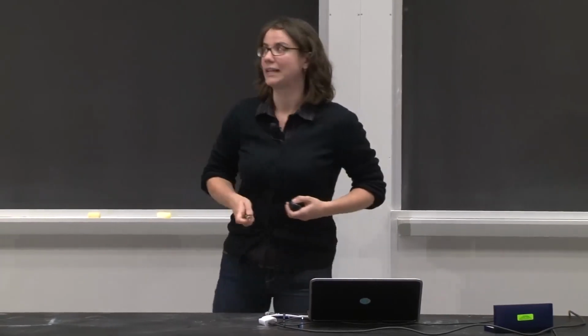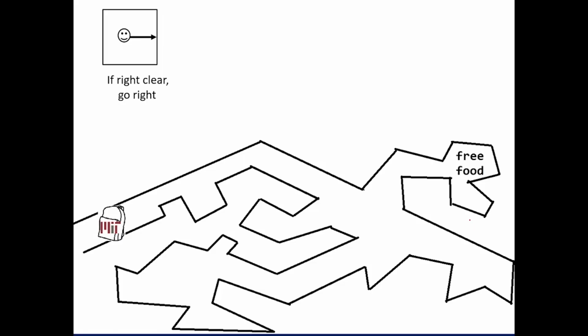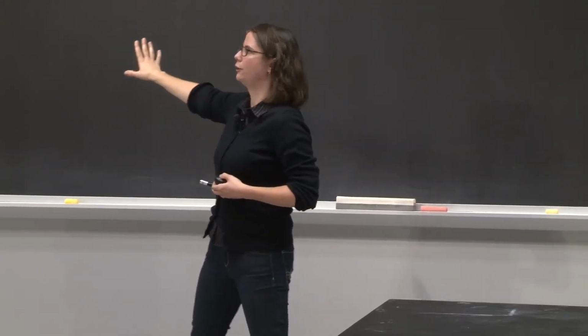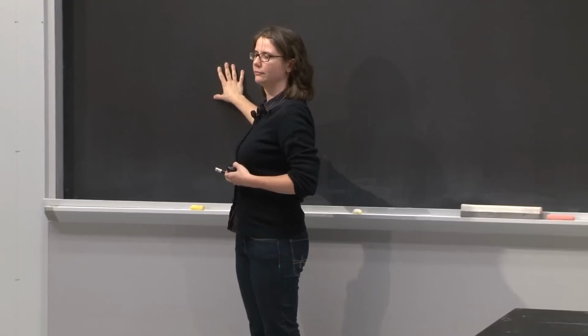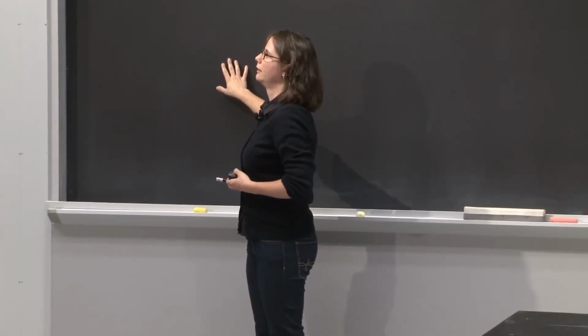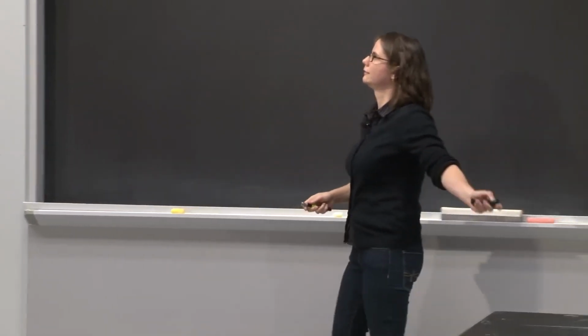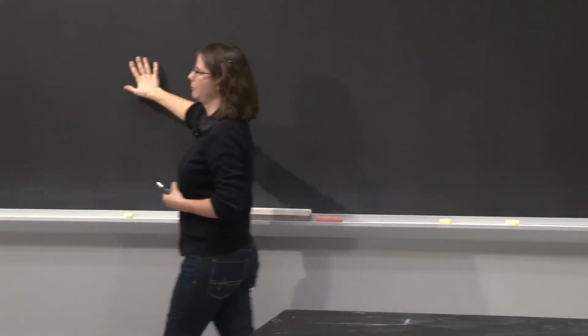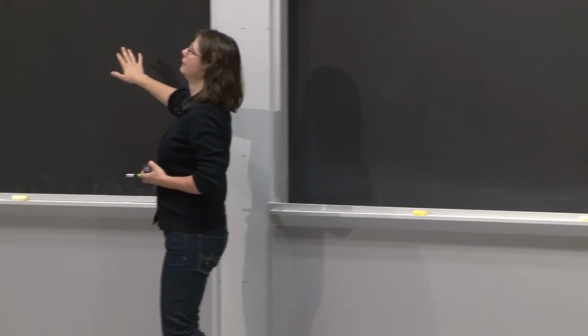So the algorithm is as follows. Okay? If my right hand always has to be on a wall, then I'm going to say, if there's no wall to my right side, then I'm going to go right until I get to a wall. Okay? Then, if there's a wall to my right and I can go forward, I'm just going to keep going forward. Okay?